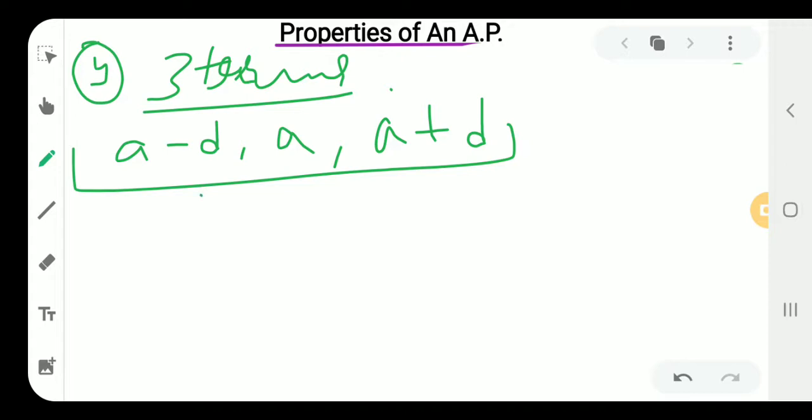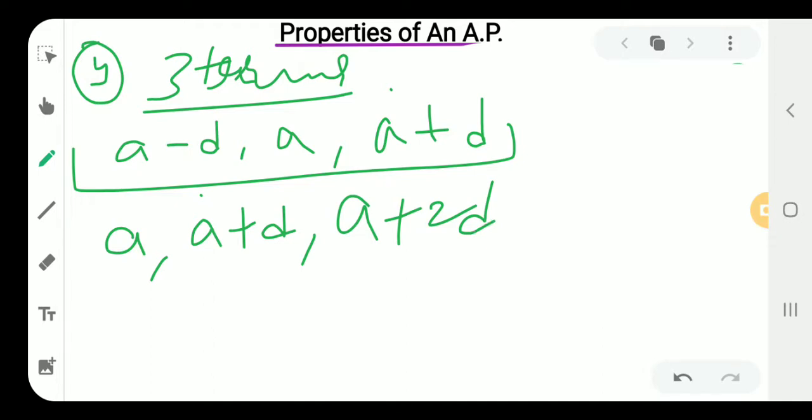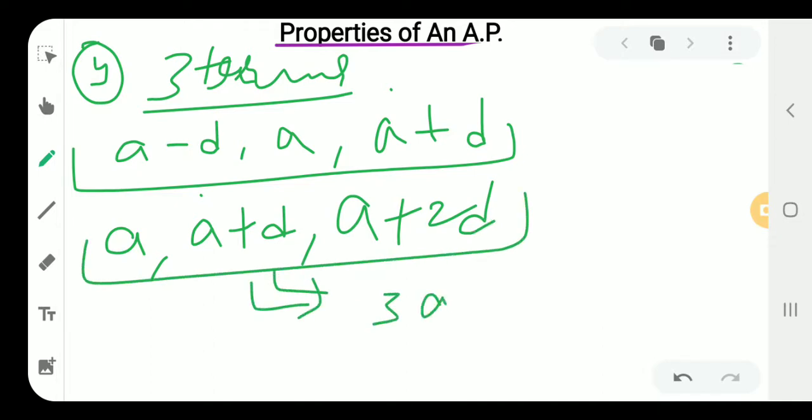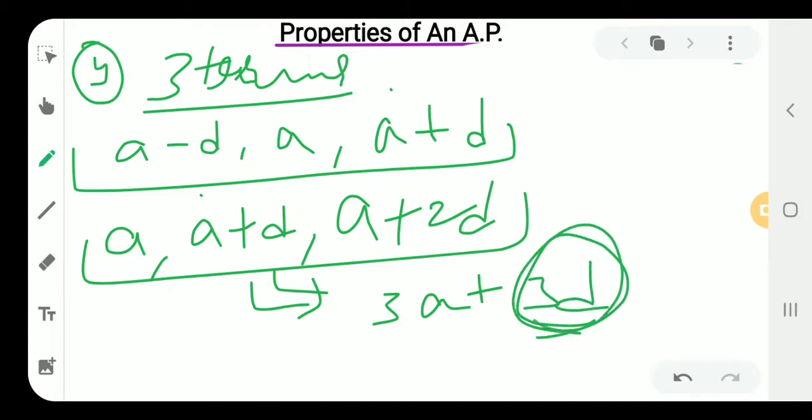We can also take the terms A, A plus D and A plus 2D, but when we do the sum of these terms, it comes 3A plus 3D, and D is another variable in this equation. So we will have a difficulty in solving the equations.